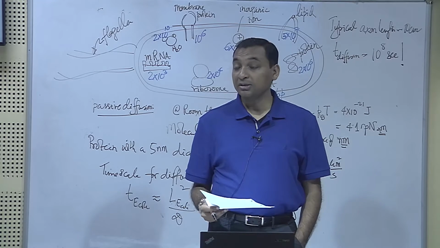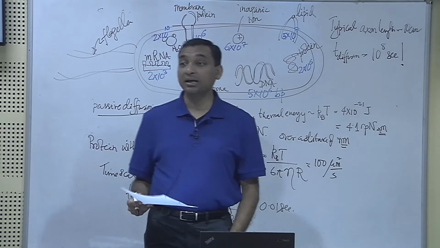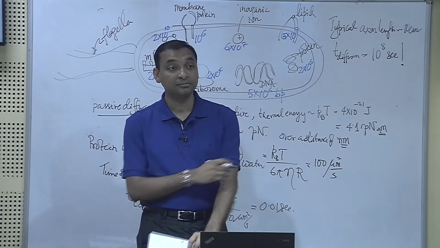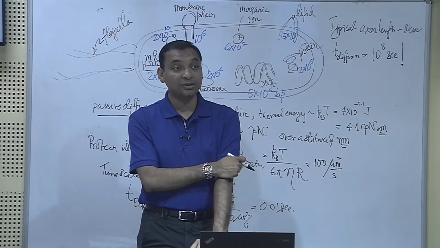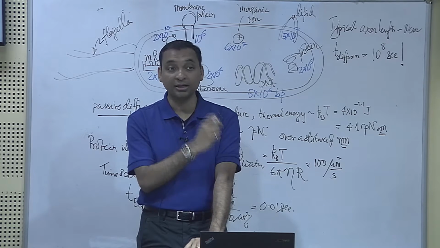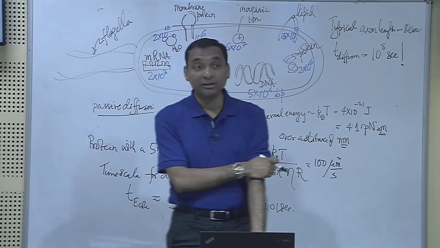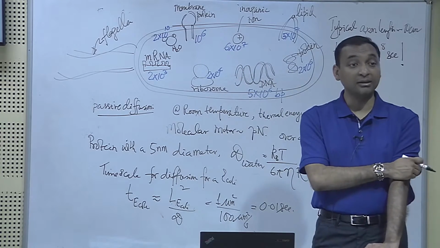So what is an active diffusion process in the cell? You need to provide some energy, right? So in a cell, which thing provides energy? ATP. So you have ATP converted into ADP and phosphate.